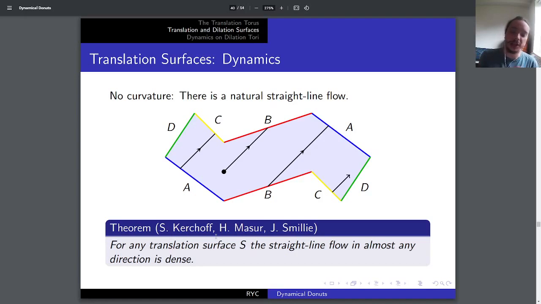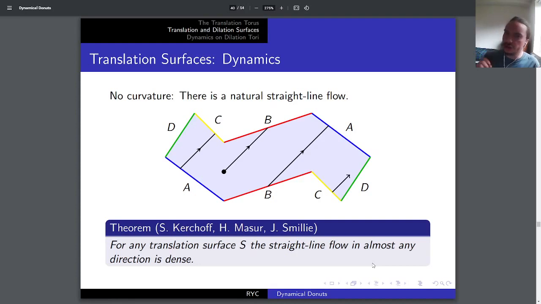It says that the behavior that we observe for tori, which is that if you start at almost any direction, at any irrational direction, then you're going to get a dense flow. Okay, so importantly, what do I mean by almost any? Almost any here means that if you pick a direction at random uniformly, then you're going to have a 100% probability of that direction having a dense flow.